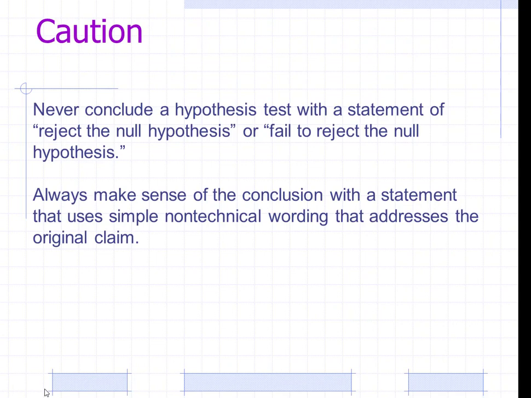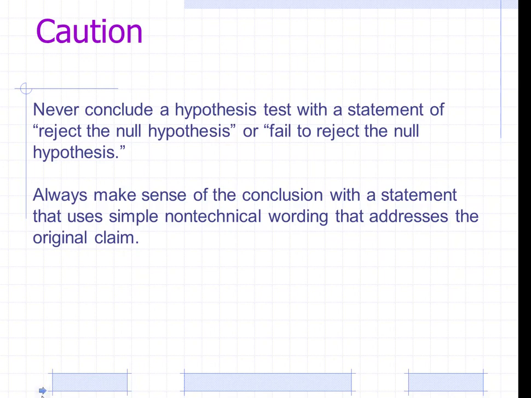So in your conclusion, never say, I reject the null hypothesis or I fail to reject the null hypothesis. Use things like, there is sufficient evidence to support the claim. There's not sufficient evidence to support the claim. This study suggests that.